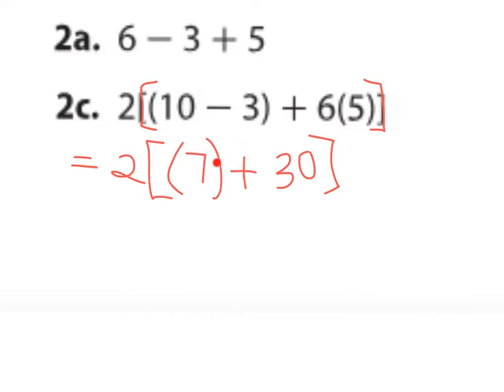If it were 7 parentheses 30, it would be multiplication. But remember, there is an operation right in between the two terms. So it's 7 plus 30 equals 37. Put that back in the parentheses, and I have it times 2. And 37 times 2 is 74.